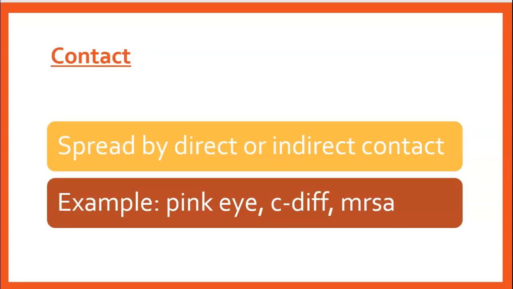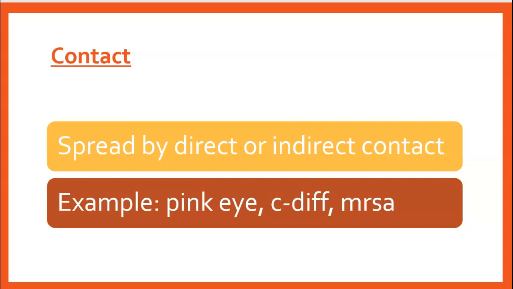The next type of transmission-based precaution is contact, and this can be spread through direct or indirect contact. Examples would be pink eye, C. diff, MRSA, things of that nature. So when a person is on a contact precaution, if we'll use pink eye as an example, you stick your finger in their eye, right, and actually touch the mucous membrane, you can contract pink eye in that way when you touch your own eye, right?